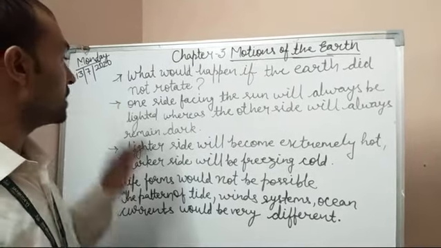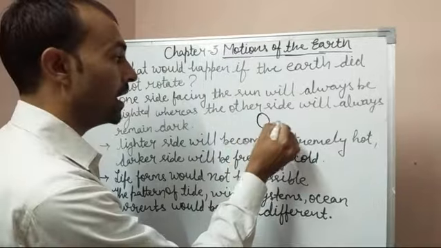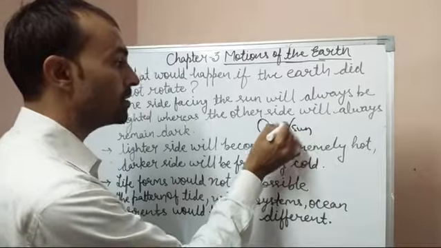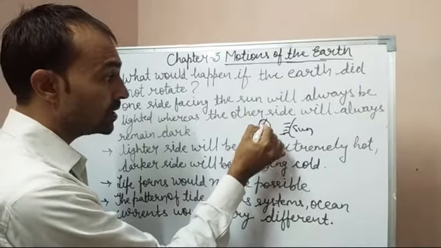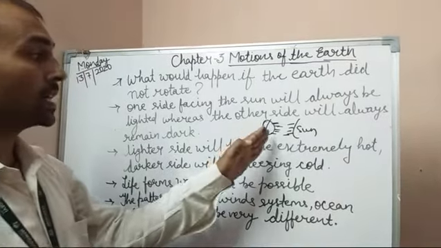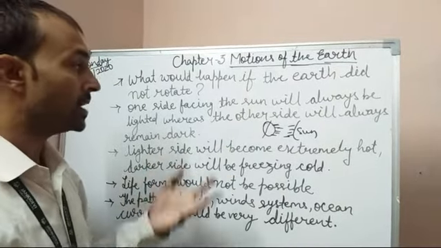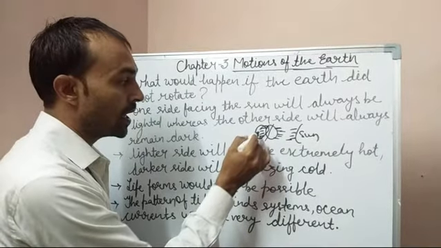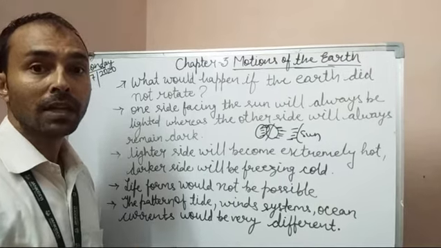So the first one: there is the earth, and this one is your sun. Once the sun reaches one part, the lighter part, then if there were no rotation, one side of the earth would remain lighter, whereas the other side, at the back where the sun does not reach, would remain darker.